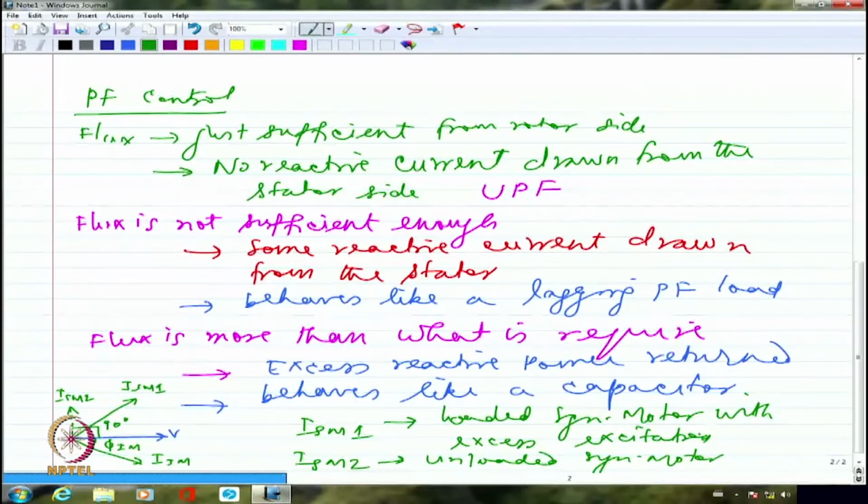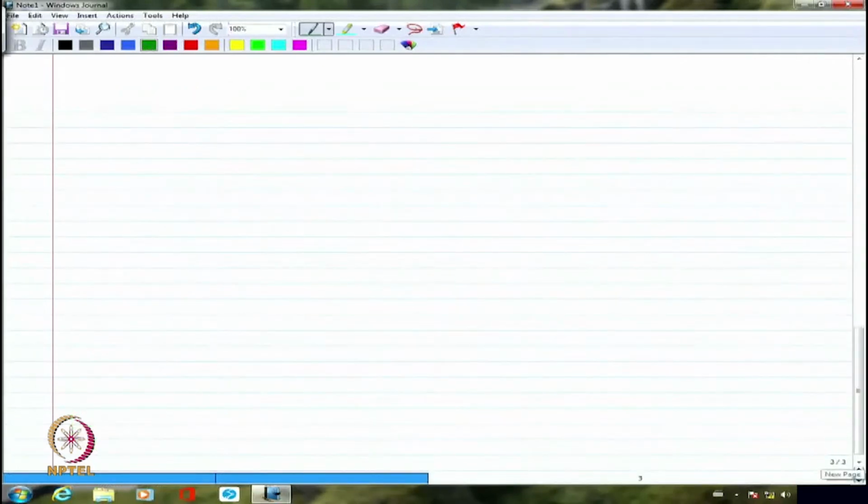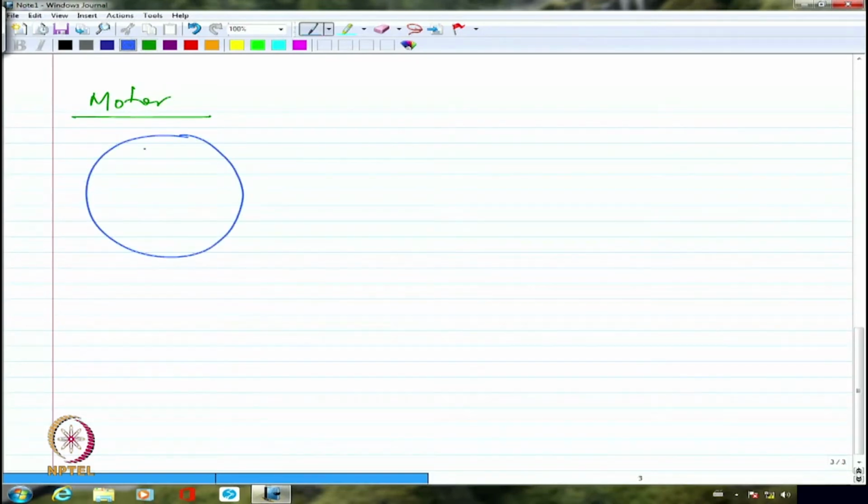Just to come back to the principle of operation of the machine, especially as a motor, I told you that I am going to have a revolving magnetic field created because of three-phase windings that are space distributed in the stator, which are being injected with time distributed three-phase current.